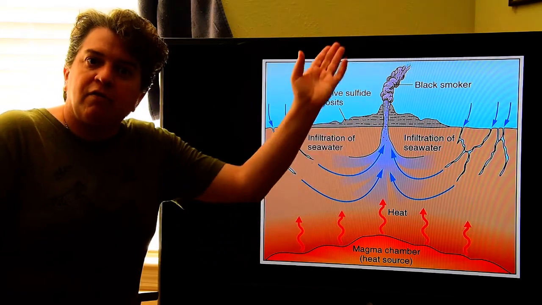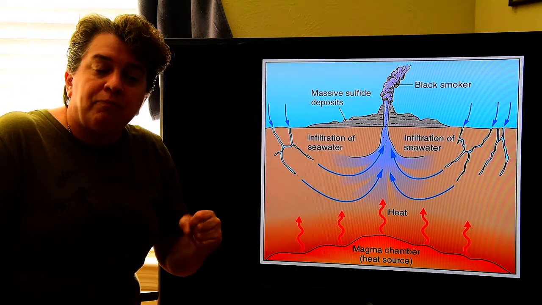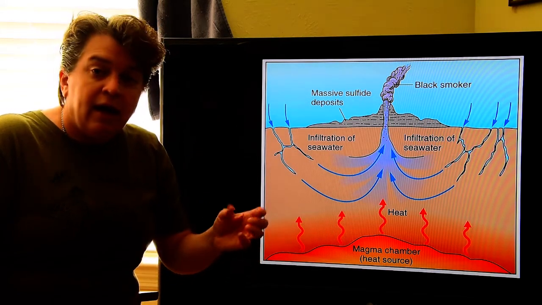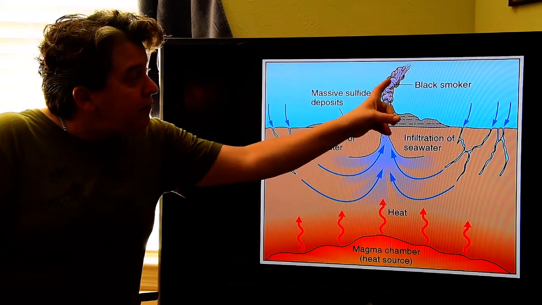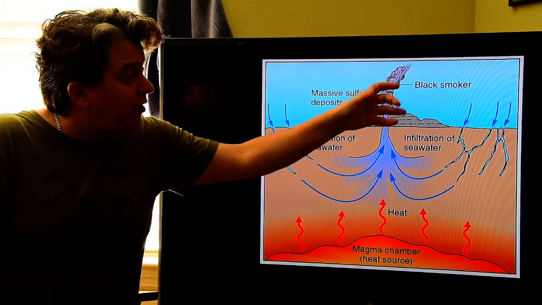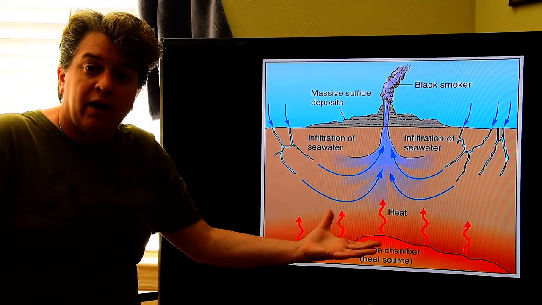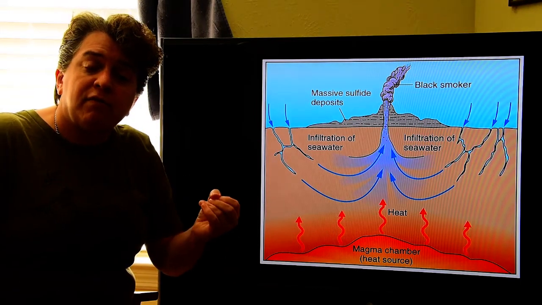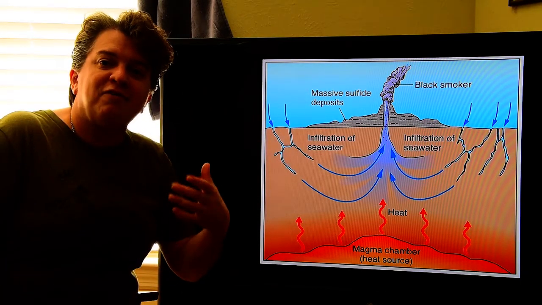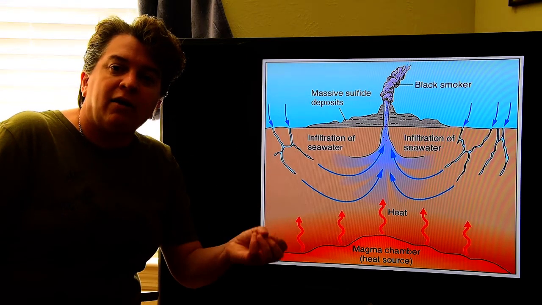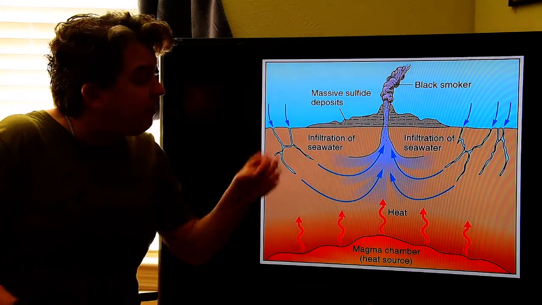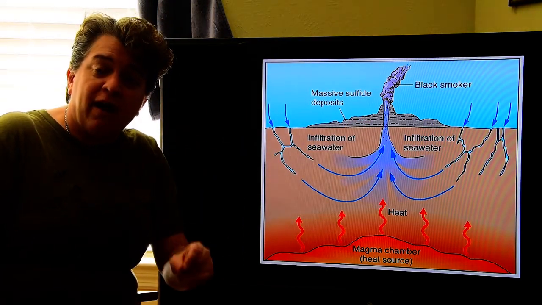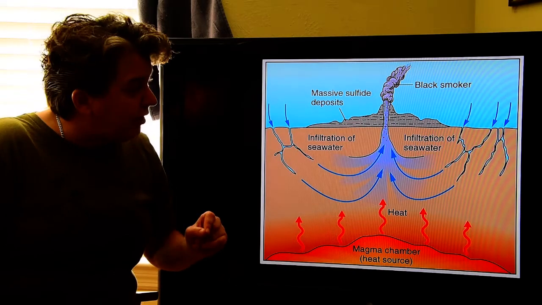And then once it's on the ocean floor, the ocean water is really cold, so it cools that water down quickly, and once that starts cooling, all of those metals and sulfur that are dissolved in the water start precipitating and forming a massive sulfide deposit. Now, massive sulfide is simply composed of minerals that are metals bonded to sulfur that are precipitating on the ocean floor. These are very, very valuable mineral deposits that are created.